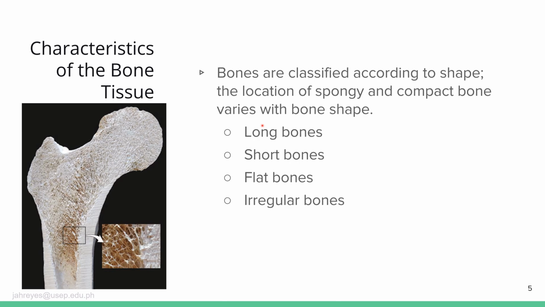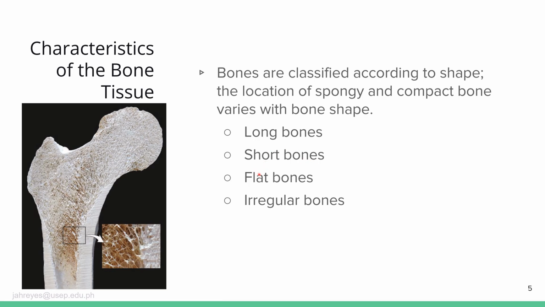A long bone usually consists of a shaft and two ends. The two ends of a long bone appear like this, and the shaft will appear as a hollow tube. Another type of bone shape is the short bone, which appears nearly equal in length and diameter.